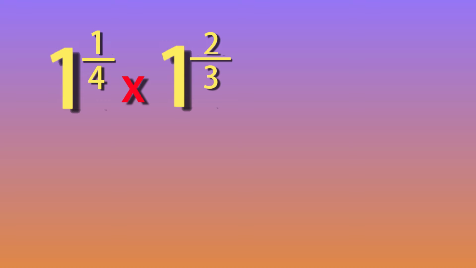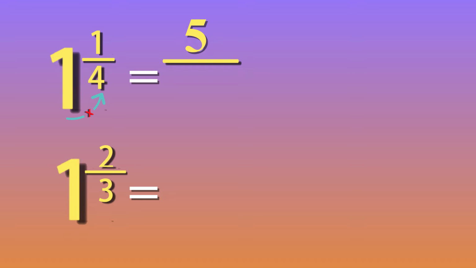In example 1, we have 1 1/4 times 1 2/3. For step 1, we convert these mixed numbers to improper fractions. So with 1 1/4, we take the numerator of the fraction 1 to the right hand side, then we multiply the whole number by the denominator of the fraction, that's 1 times 4, which equals 4, and add that to the right hand side numerator, that's 1 plus 4 equals 5.